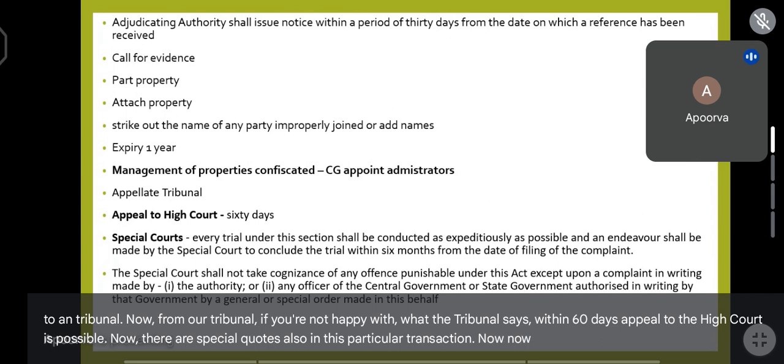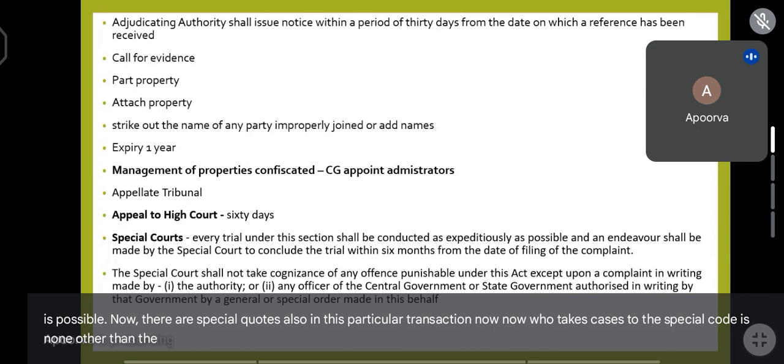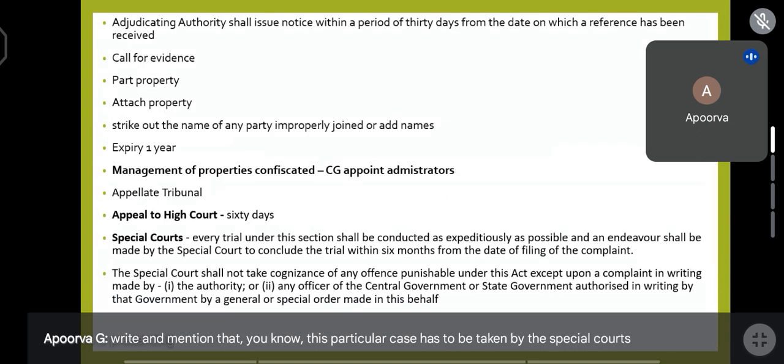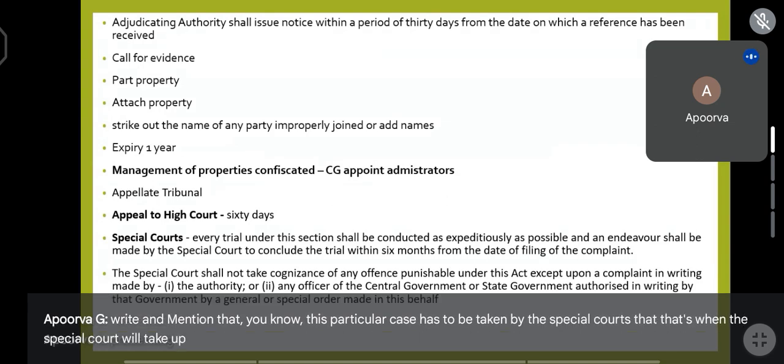Who takes cases to the special court is none other than the authority or any officer of the central government or the state government, who will write and mention that this particular case has to be taken up by the special court. That's when the special court will take up the case.